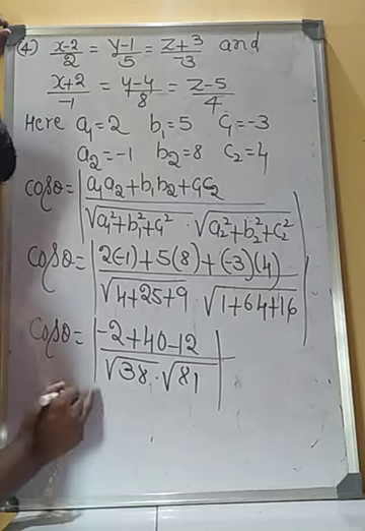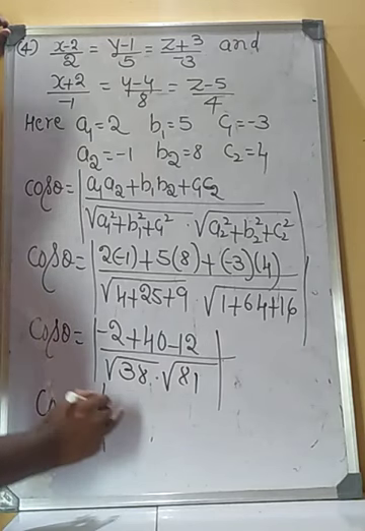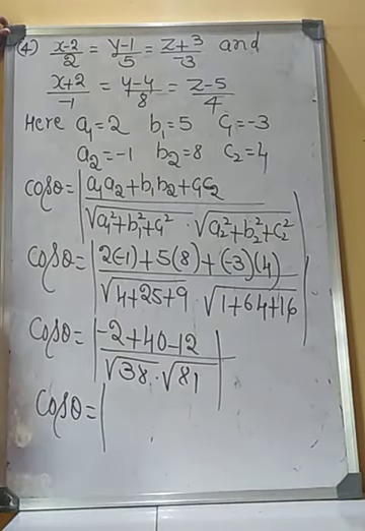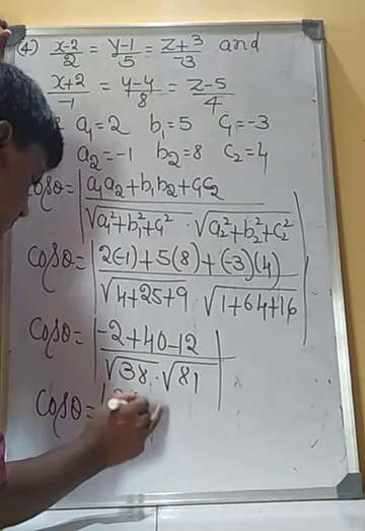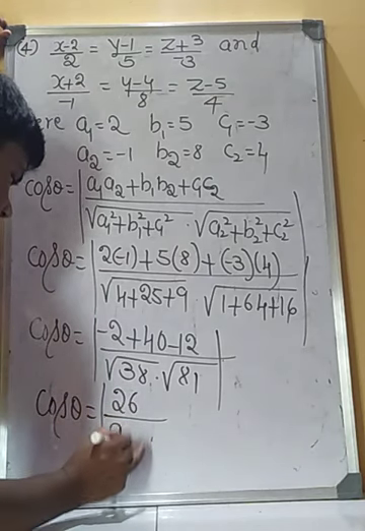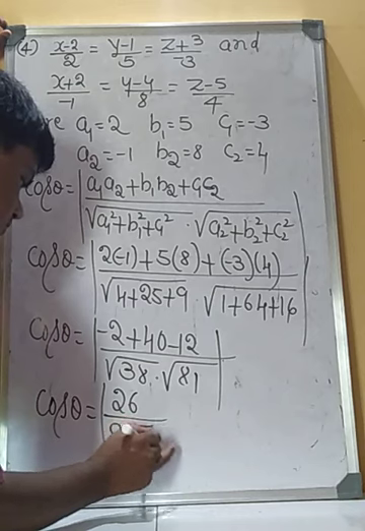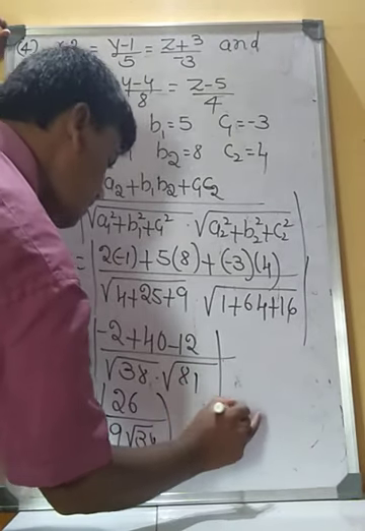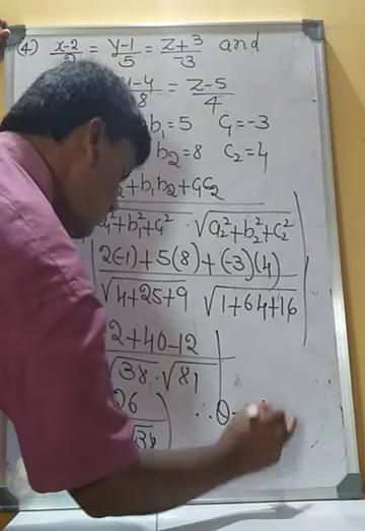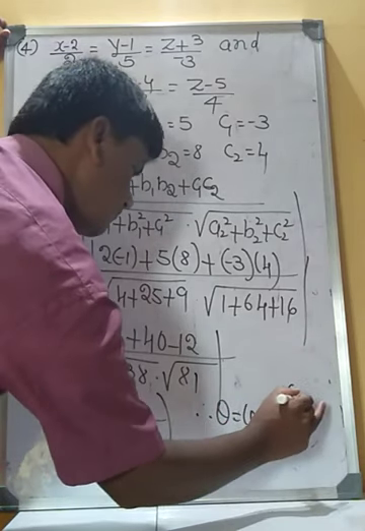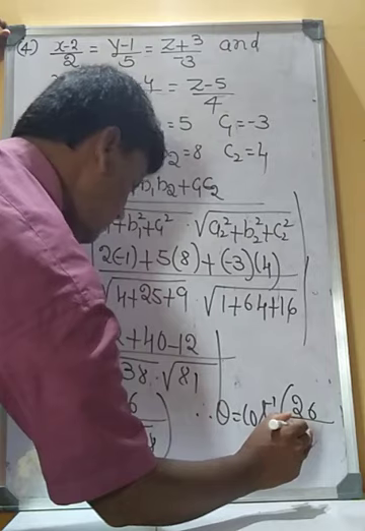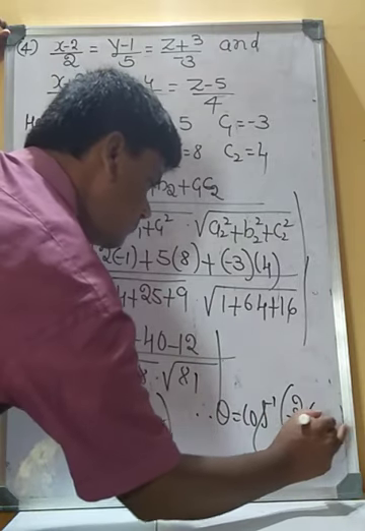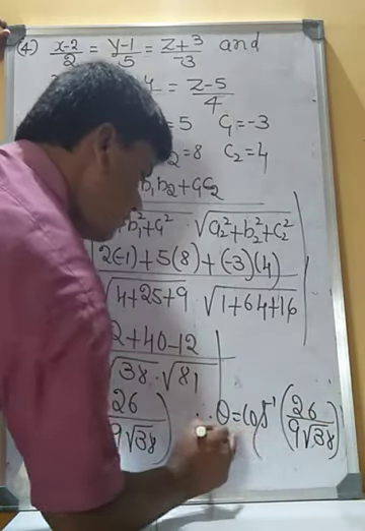Therefore cos theta equals 26 divided by 9 into root of 38. Therefore theta is equal to cos inverse of 26 divided by 9 into root of 38.